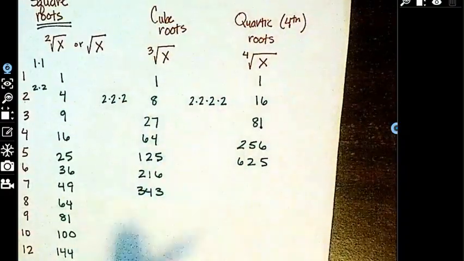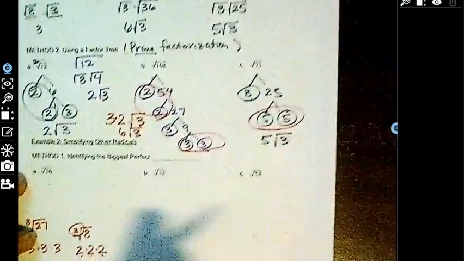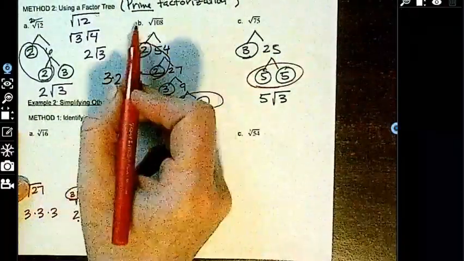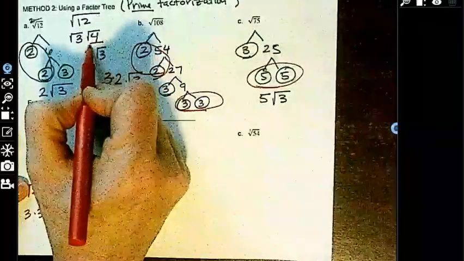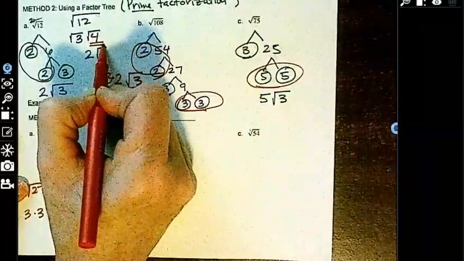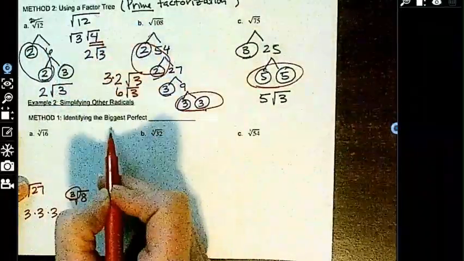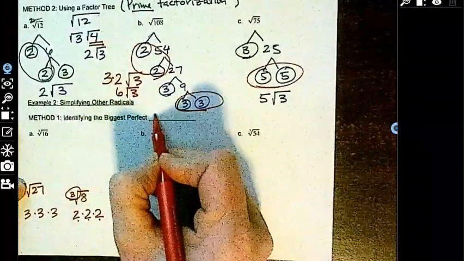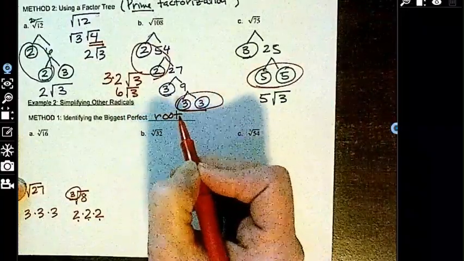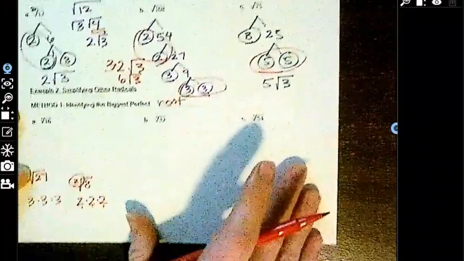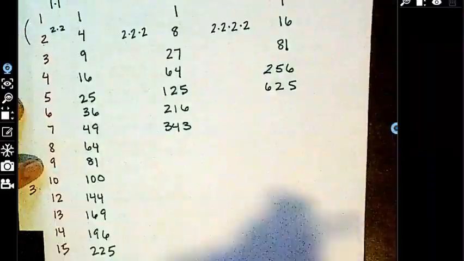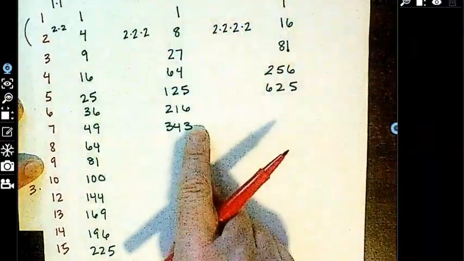We don't usually use many more perfect cubes than that. So when I look at this method, I think just like I did here, I identify the largest factor that is a perfect square. Here, I'm identifying the largest perfect root. It's not a square root, I'm doing a cube. So I look at my cube list and I say, is 16 divisible by any of these perfect cubes?